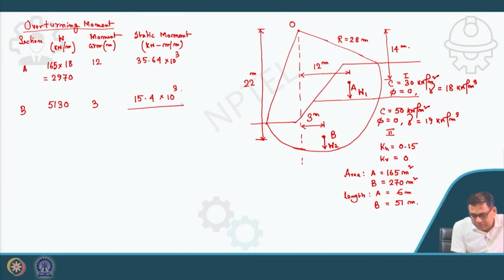So the total static overturning moment is 51.04 into 10 to the power 3 kilonewton meter per meter. Now I will calculate the resisting moment.